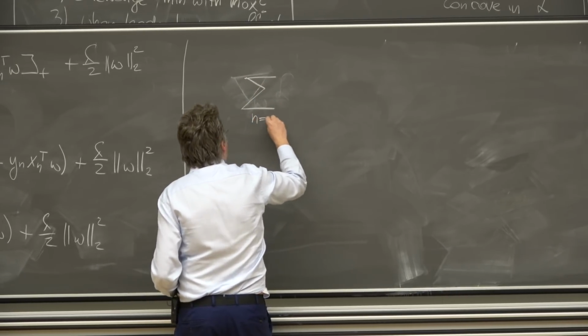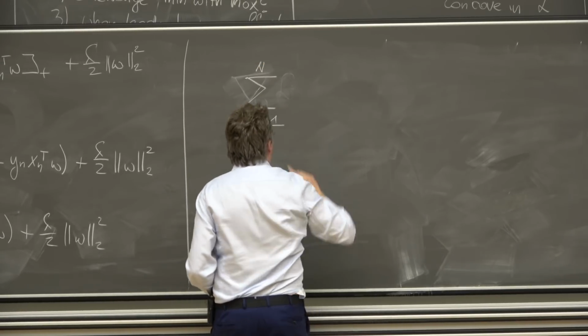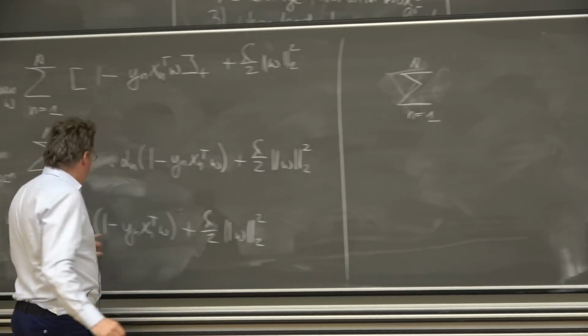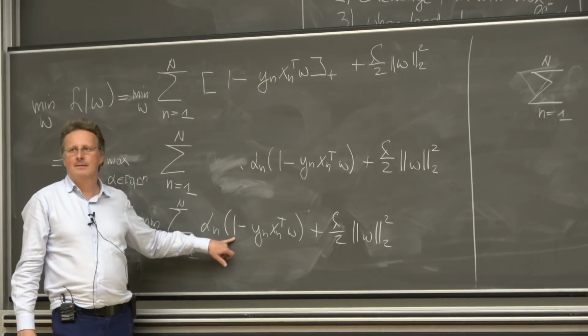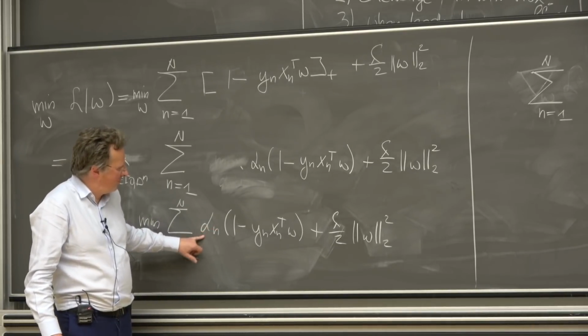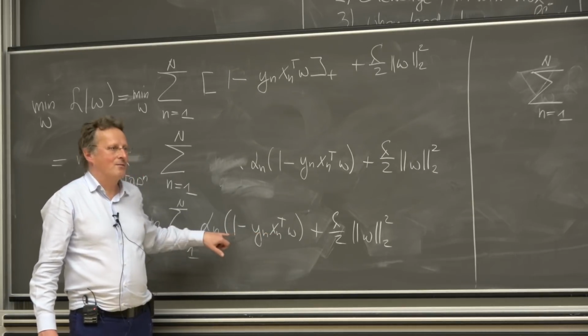So we have the sum n equals 1 to n, and it's a gradient with respect to w. So this means alpha n times 1, what do we get? 0. And then we have here minus this, which is just some constant. This is also just some constant. So what is the gradient of this expression here?